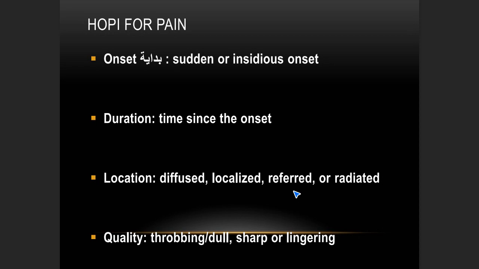Now coming to the type of pain, the quality of pain. Is it severe? Is it mild? There are different types of pain, for example, throbbing pain, dull pain, sharp pain, lingering pain. Remember, these types of pain will also help you in diagnosis.